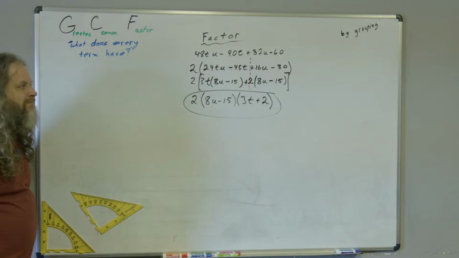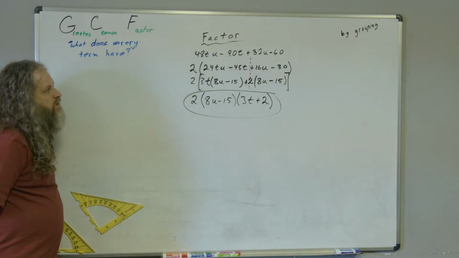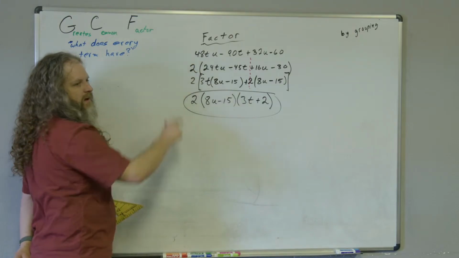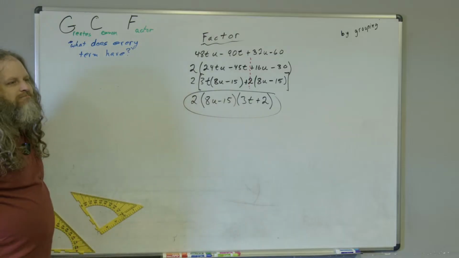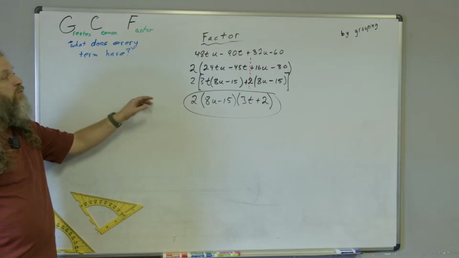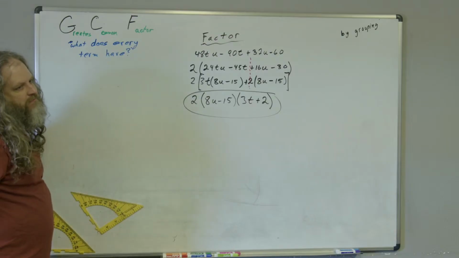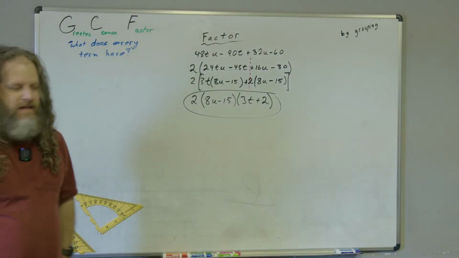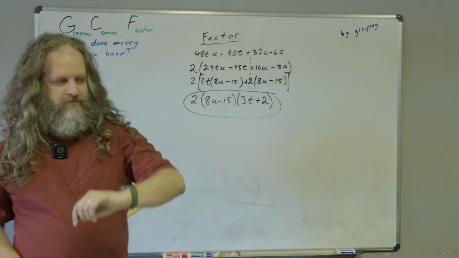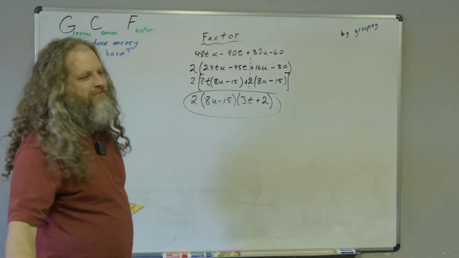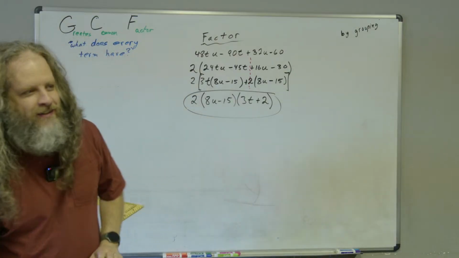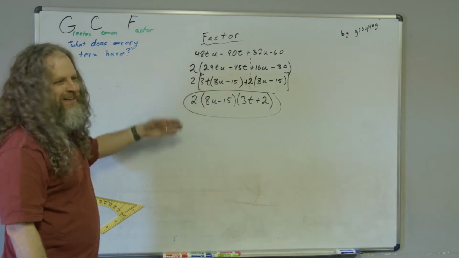Because there were two of them, is that why there's a 2 times? The 2 is there because we pulled the 2 out right here. If you were to put it back, you would have to distribute the 2 back in at some point. That 2 came from there. He's just following, like a little brother, just hanging on.